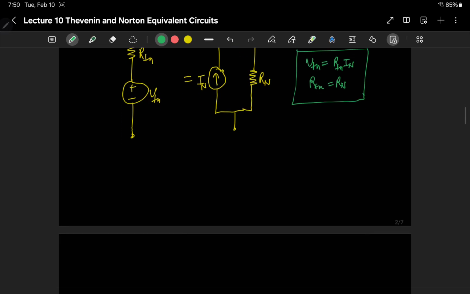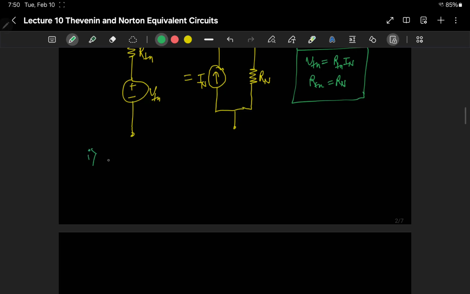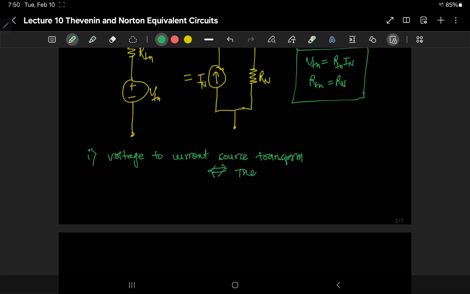So if you relate this to voltage and current source transform, what it looks like is the voltage to current source transform is equivalent to Thevenin to Norton equivalent transform.